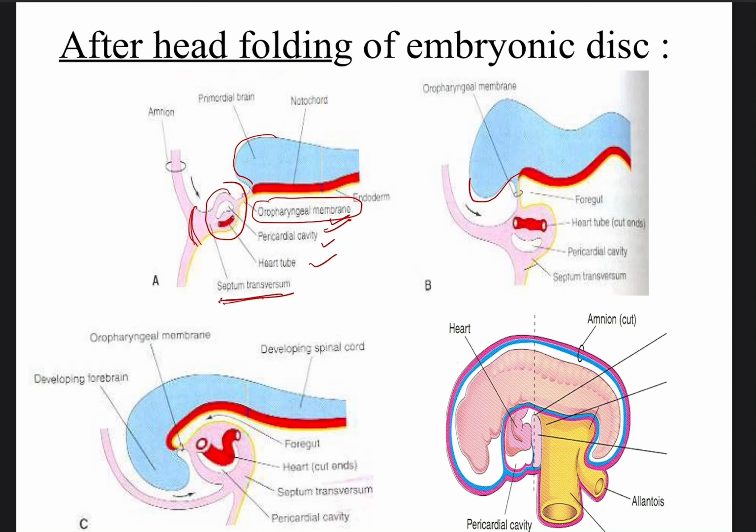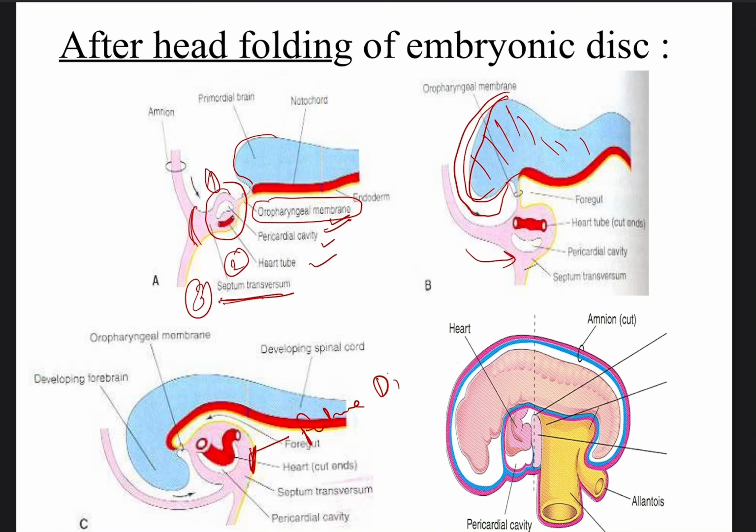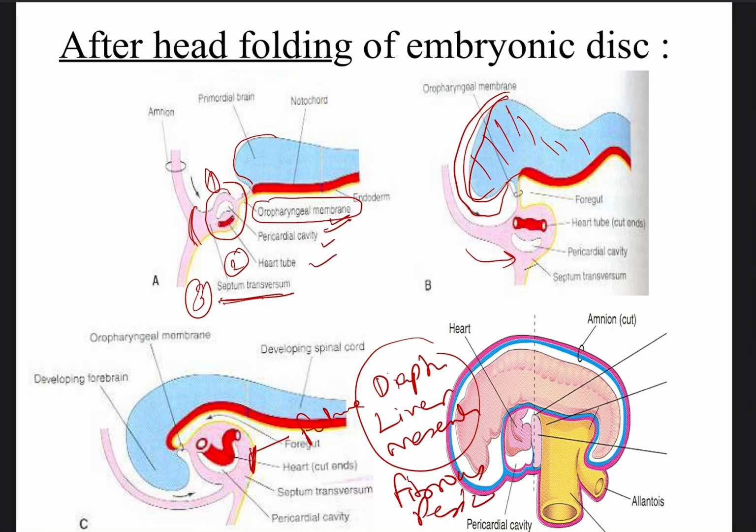This is the septum transversum. When this head starts developing comparatively more than the rest of the body, these whole three structures, heart tube with pericardial cavity with septum transversum, go toward the chest cavity. Septum transversum comes here and it will form future diaphragm, liver, mesentery, and one part of heart, that is fibrous pericardium.